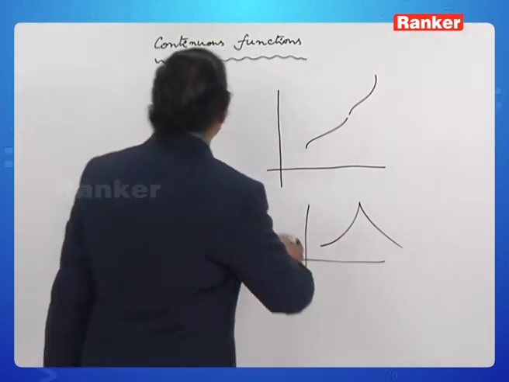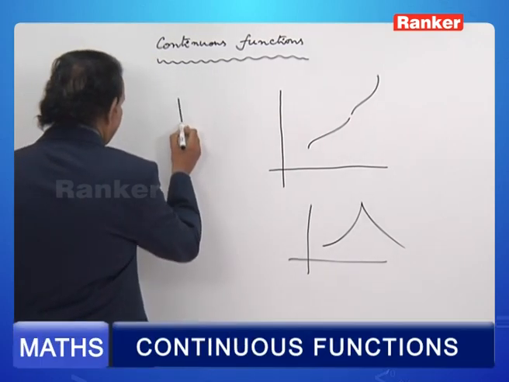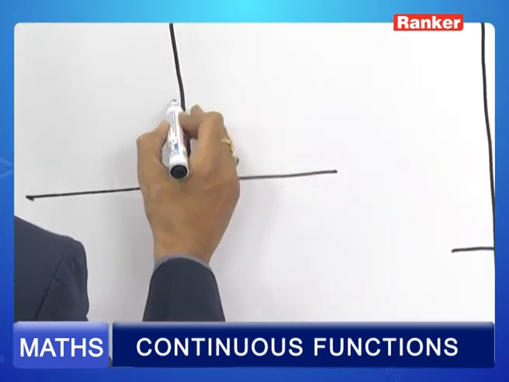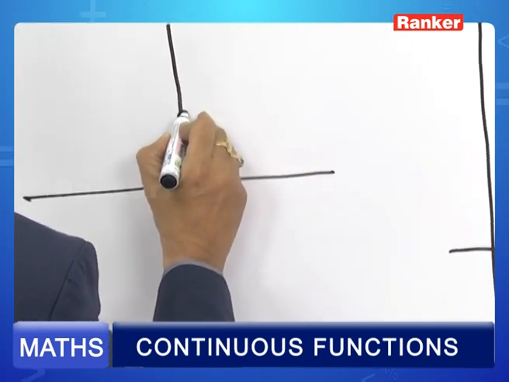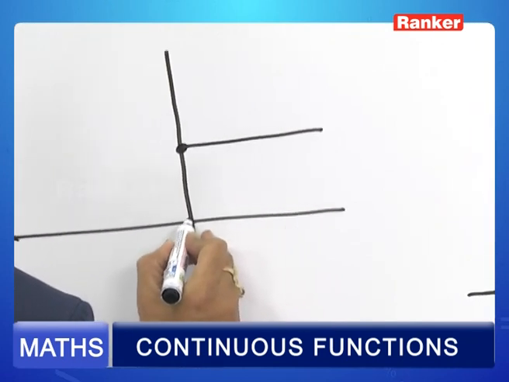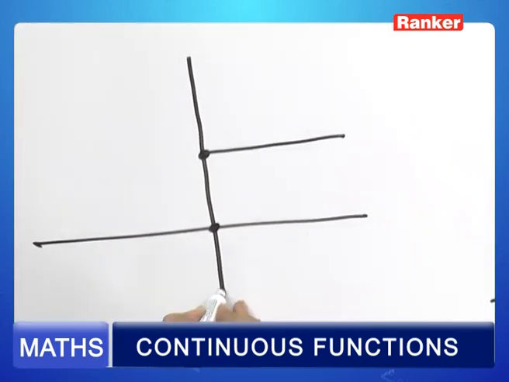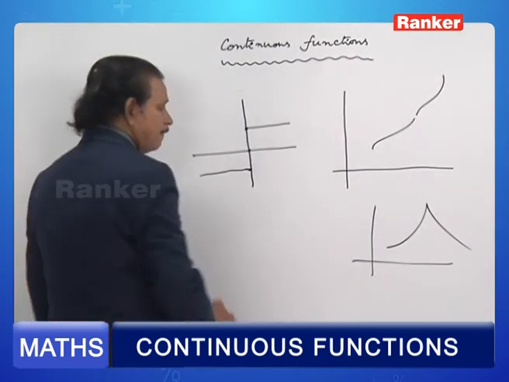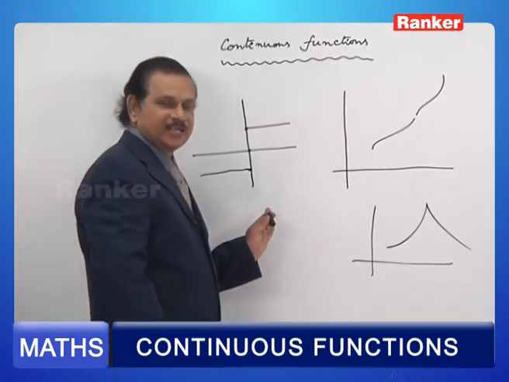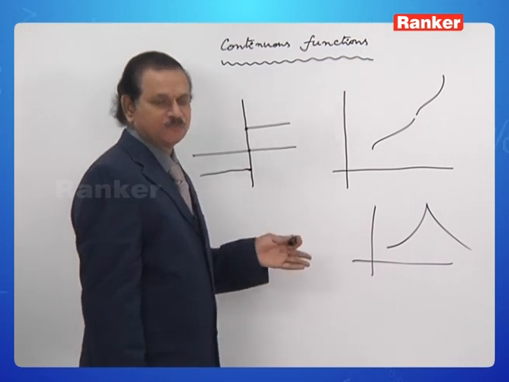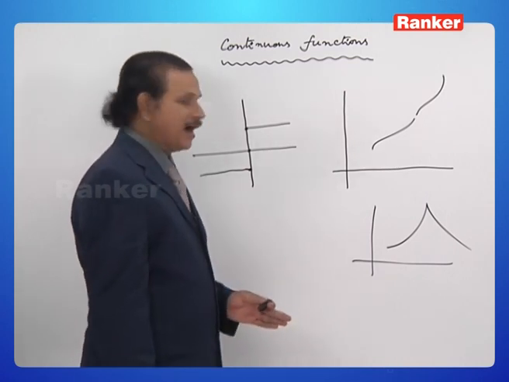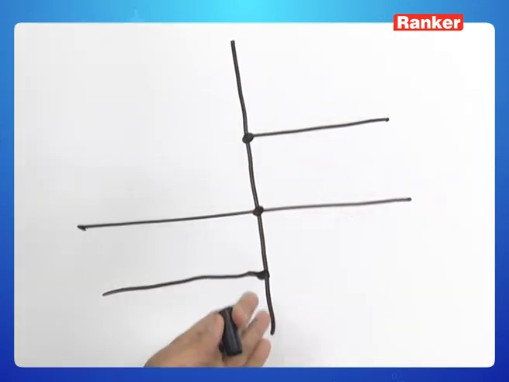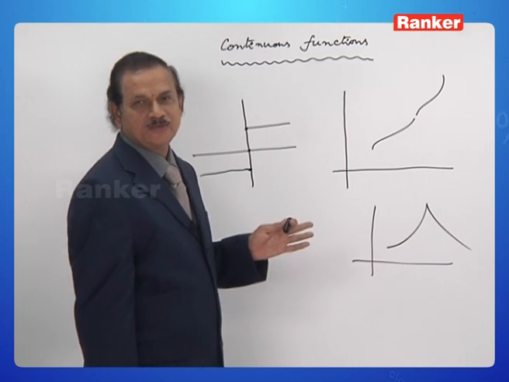It is discontinuous at this. One more. Observe this graph of signum function, that is mod x by x. It is 1 if x is greater than 0. It is 0 if x is 0. It is minus 1 if x is less than 0.